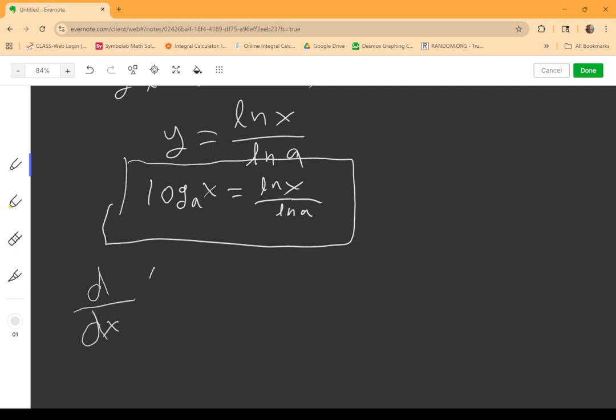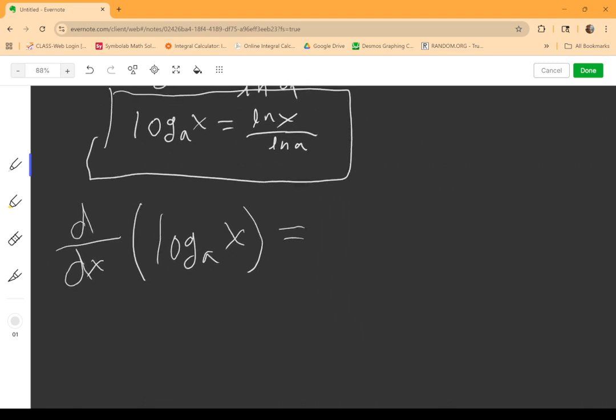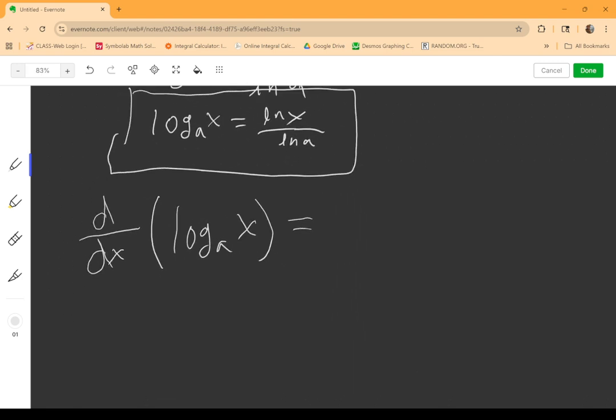How do I do something like this? Okay, so I'll use the formula, the change of base formula, right?